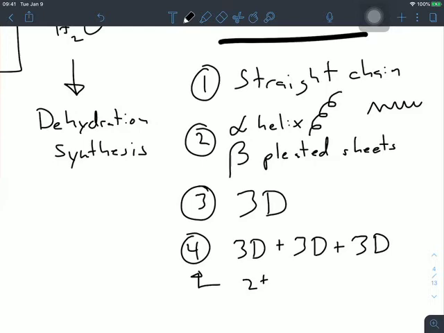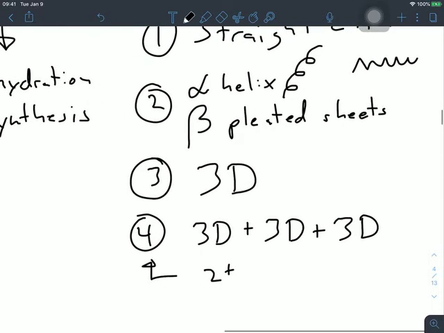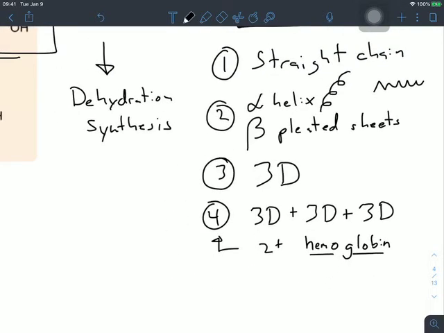And we oftentimes refer to quaternary structure proteins by different names, like globins, because they are globs of many amino acid chains. You might be familiar with the globin called hemoglobin, because it requires 4 3D chains of the heme amino acids, alpha heme and beta hemes, to glob together to form one giant hemoglobin.